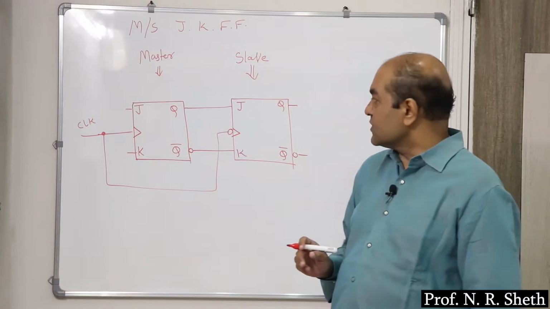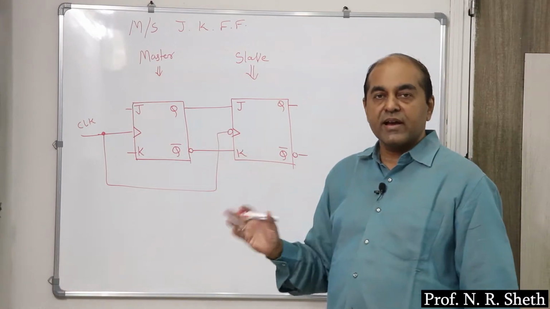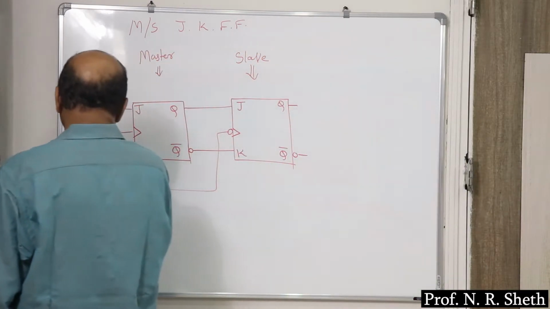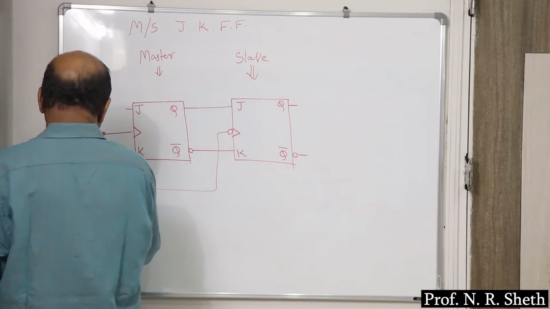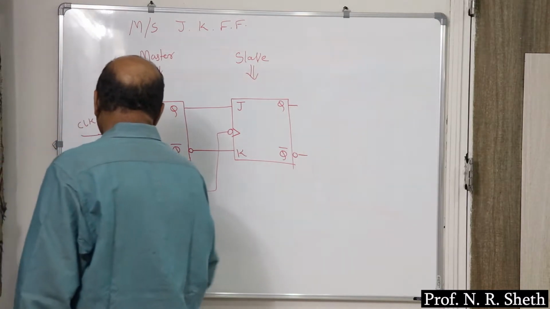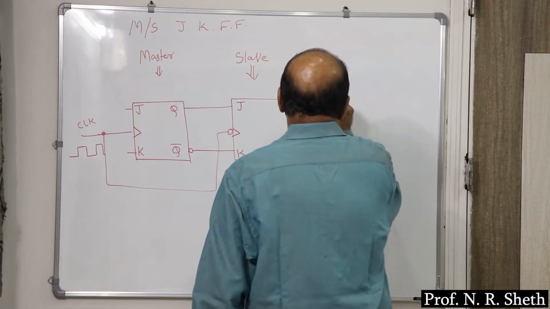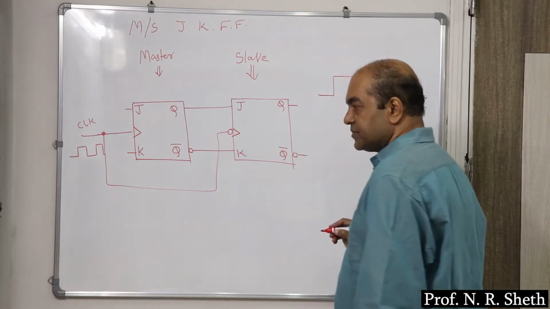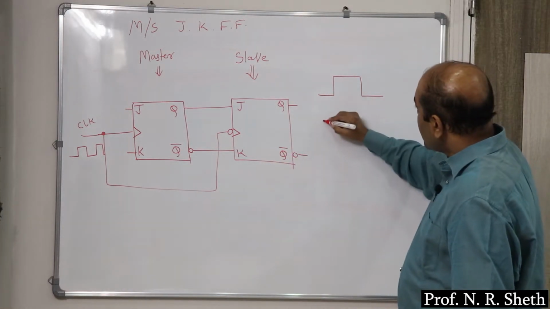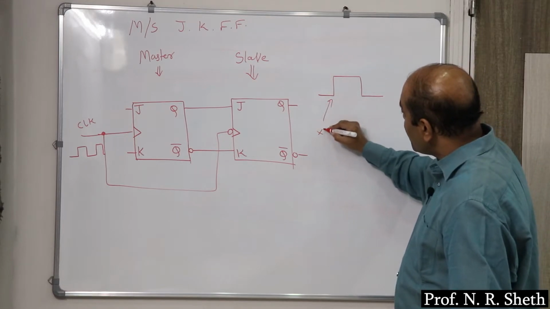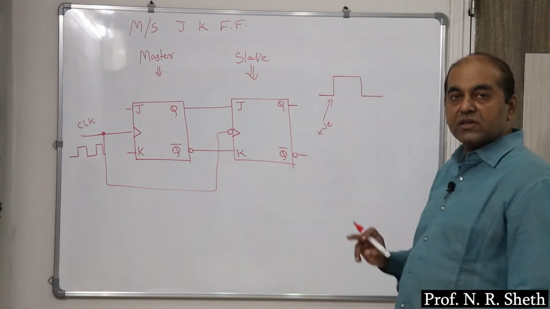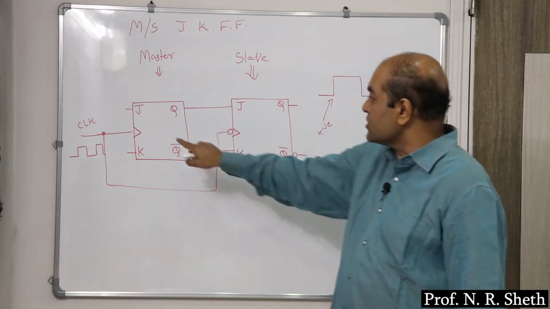Now, what is the difference between positive edge triggered and negative edge triggered? That I have explained in the first lecture of this chapter. Again, I am going to explain you. Suppose this is your clock pulse. Then this part, 0 to 1, is said to be positive transition.